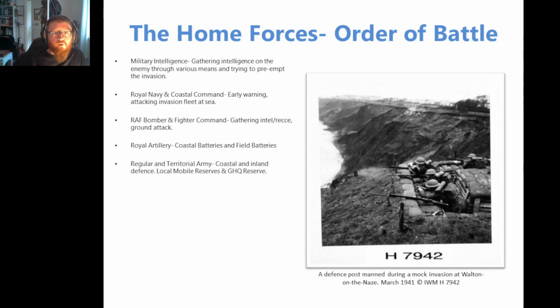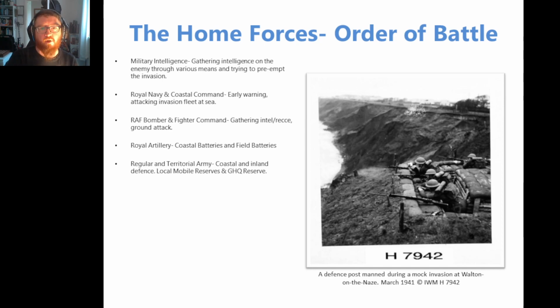So responsible for coastal and inland defence, defending the coastal crust, occupying the various and multiple nodal points inland, the vulnerable points, and stop lines for a very brief period, for example. And also a key thing here is everyone seems to think that the anti-invasion defences were purely static.